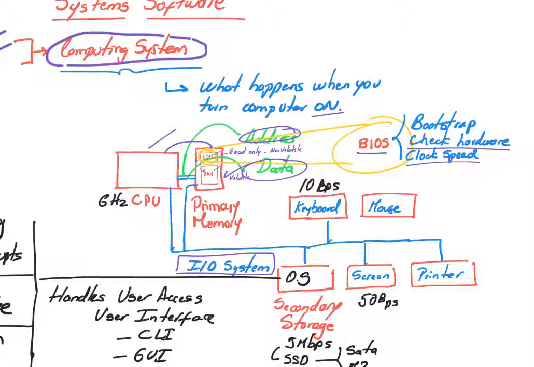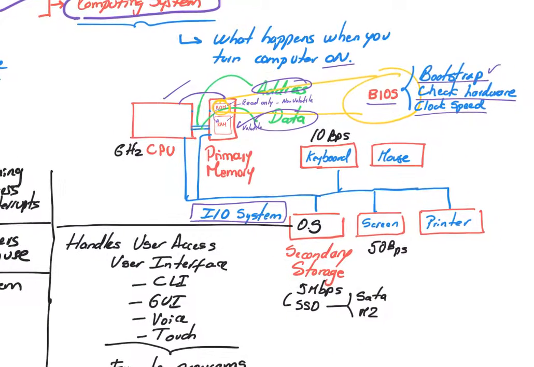One important part of that is the bootstrap program. The bootstrap program is in charge of finding the secondary storage that is going to be used to load the operating system. As I said, first the ROM loads all the instructions in RAM, and those instructions are all about getting the system ready.